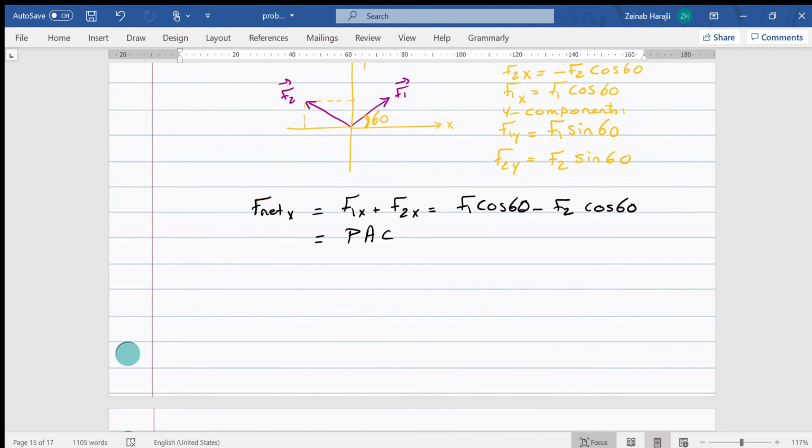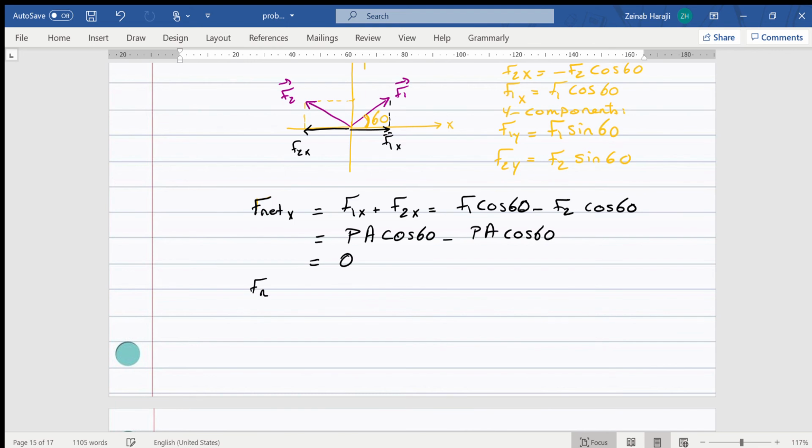So this will be P times A cosine 60, and this will be P times A cosine 60 as well. And then the net force along the x-axis will end up to be of a value of 0 newtons. And this makes sense because if you look at the figure here, F1x is pointing to the right, while F2x is pointing to the left, and obviously they would cancel out, so it's expected that the net force will have no x component.